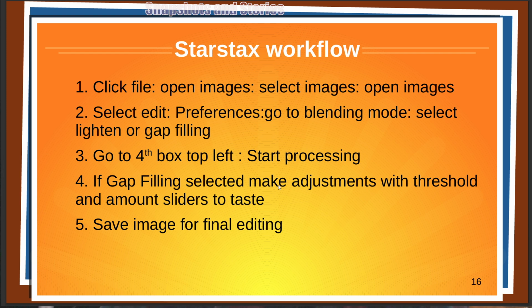Lighten is probably where you want to start first. Go to the fourth box on the top left. Start processing. If gap filling is selected, make adjustments with threshold and amount using the sliders to taste. And then save your image for editing. So that's really how simple that is. It may sound funny because you don't have it in front of you, but once you have the StarStax software in front of you, it's ABC.